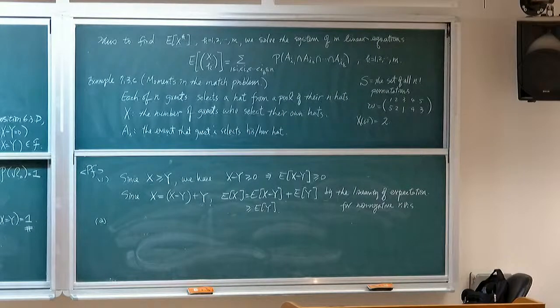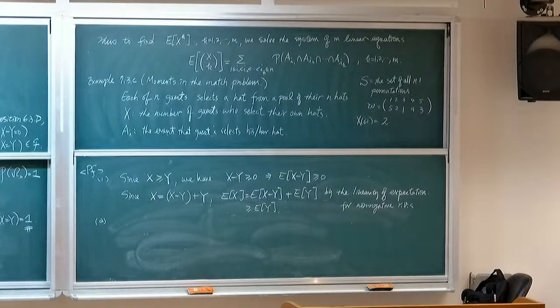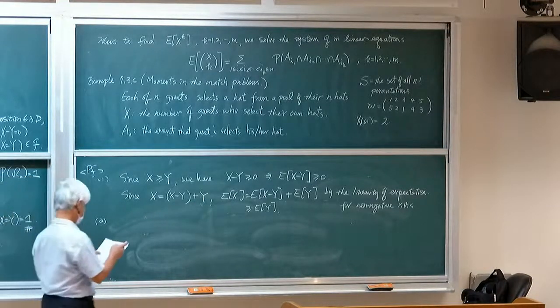Well, expectation of y exists if either its positive part has finite expectation or its negative part has finite expectation. Right? So we have to go back to our basic things.